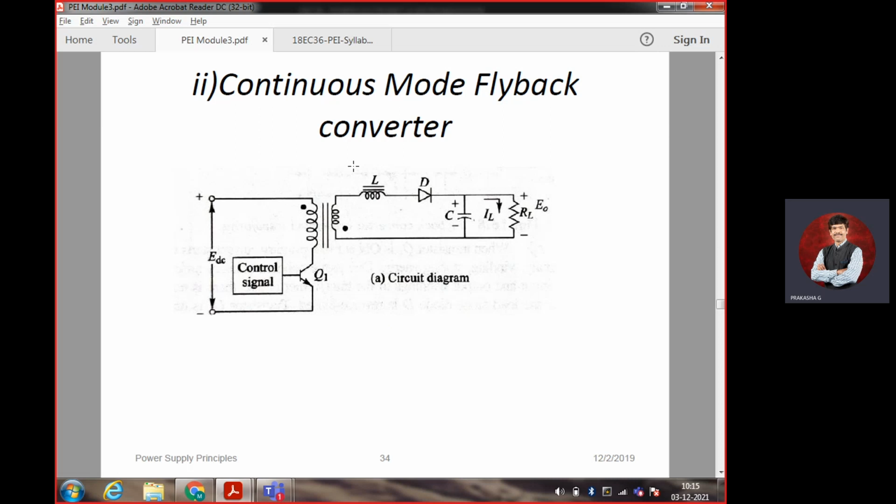It will be continuous mode if the supply voltage is minimum and with full load.